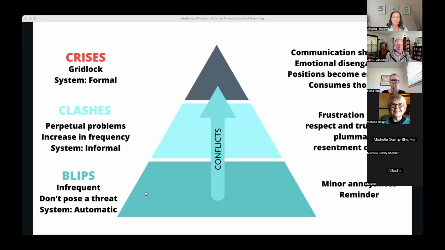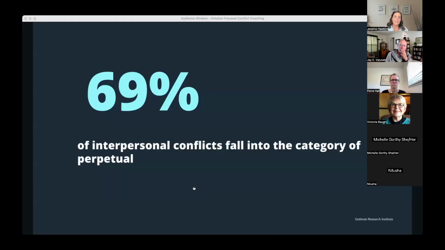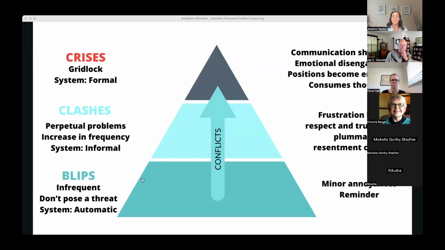So going back to that conflict pyramid, 69% of interpersonal conflict falls into this category here of perpetual. What that means is the same problem is happening over and over and over again.